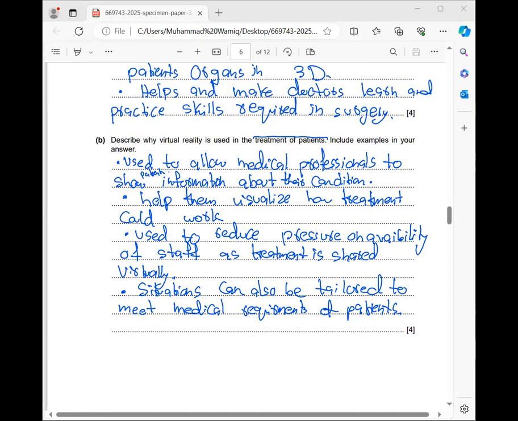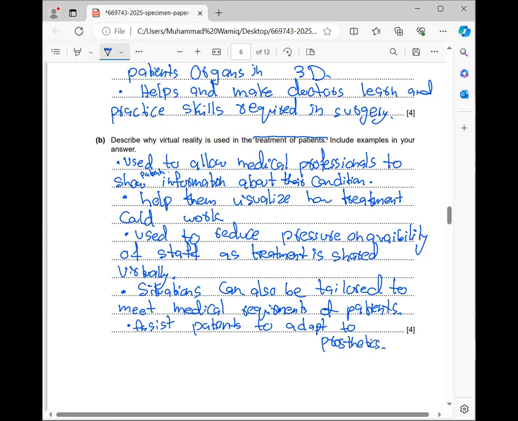It can also, I can also write here that it can also assist patients to adapt to prosthetics.